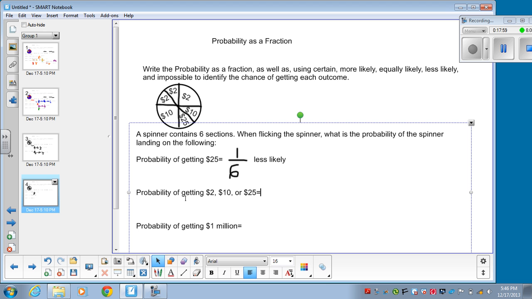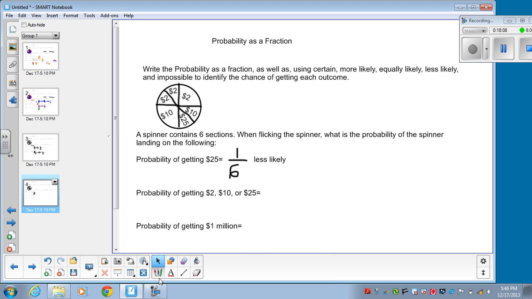Alright, probability of getting $2, $10, or $25. How many $2 are there? 1, 2, 3. How many 10s are there? 1, 2. And how many 25s? 1.